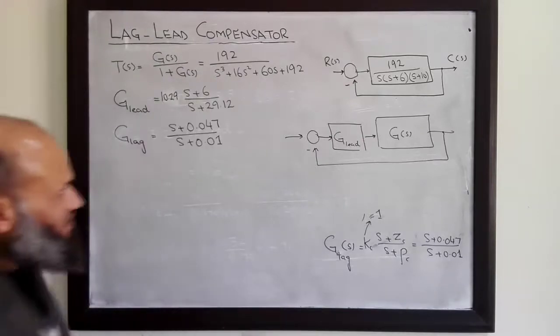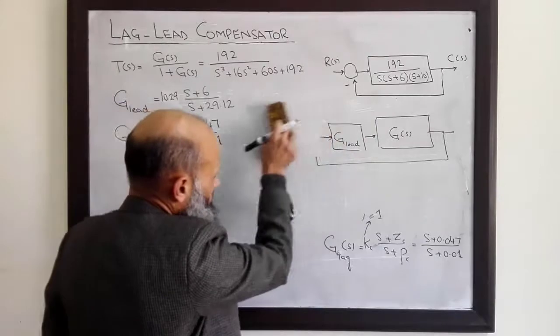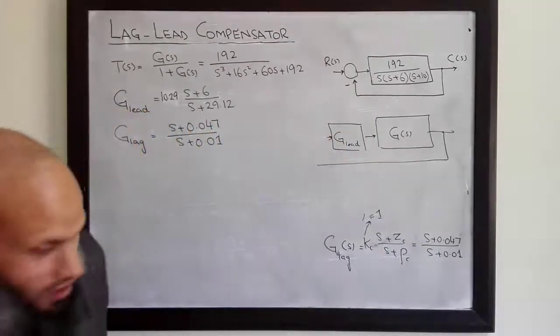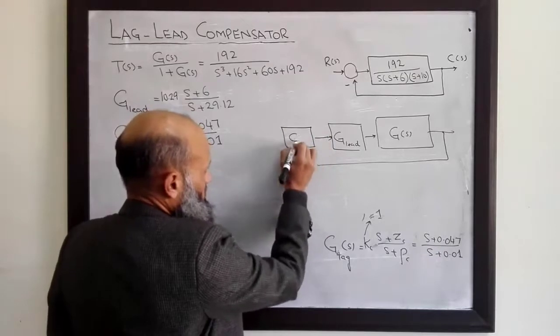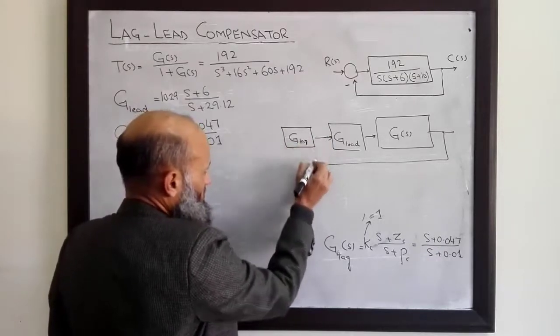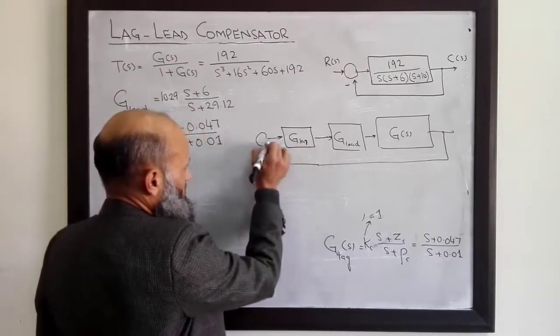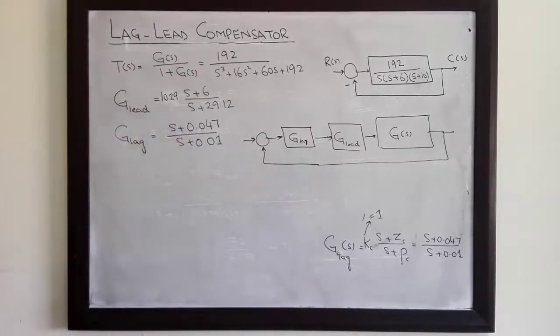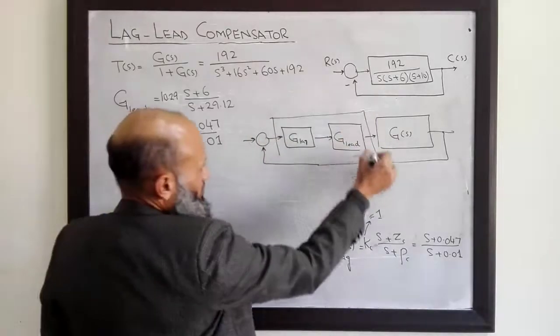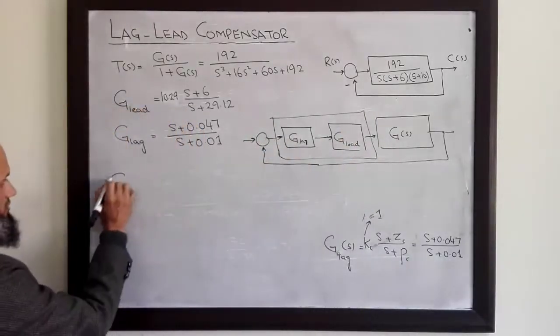So we shall cascade this lag compensator to the system as well, so that both the transient as well as steady state error requirements are satisfied. The overall transfer function of the compensator is just the product of these two compensators.